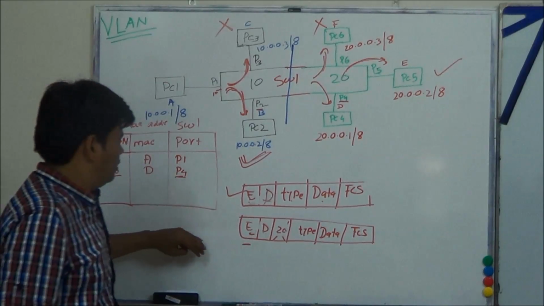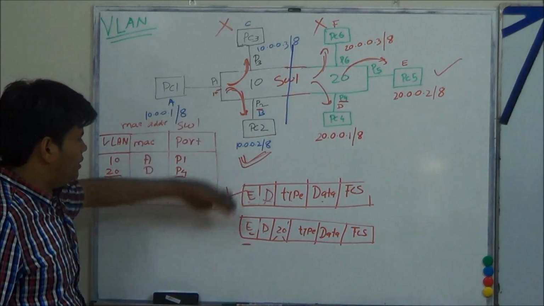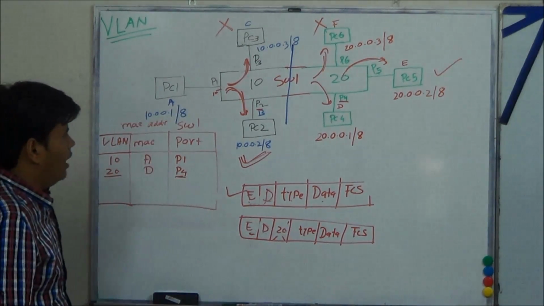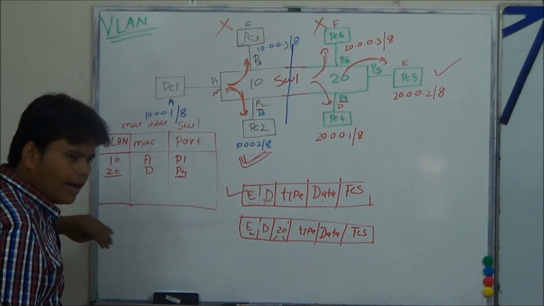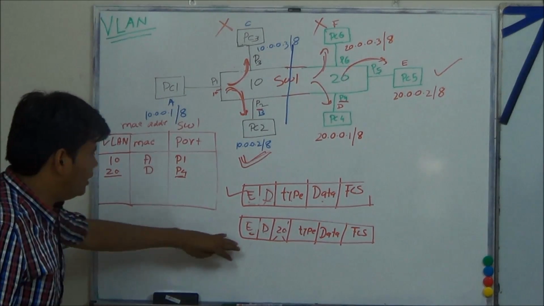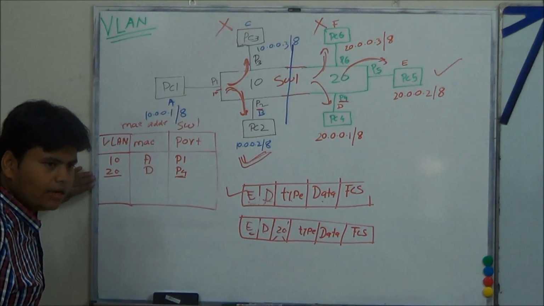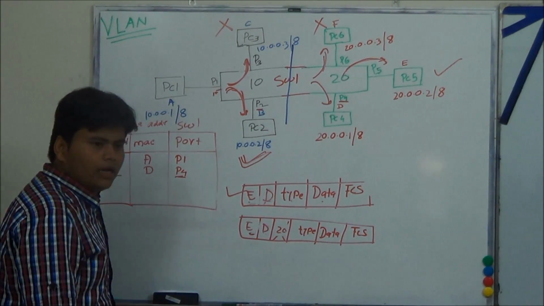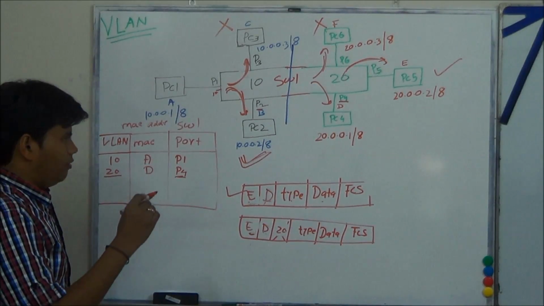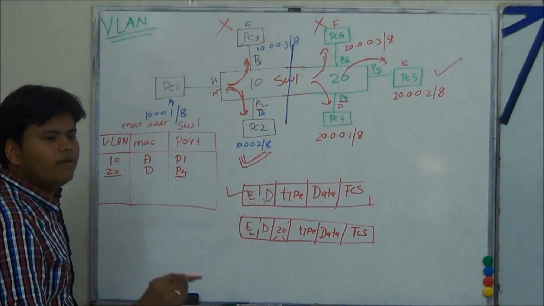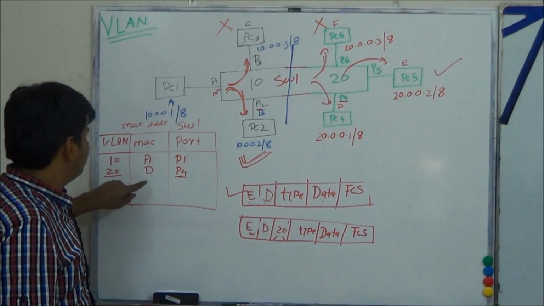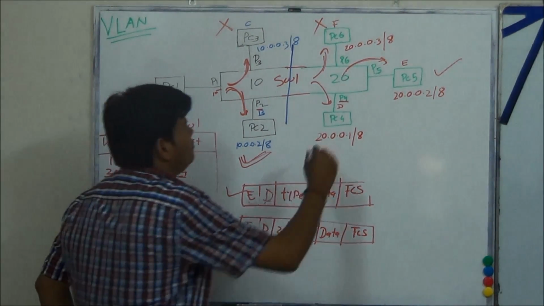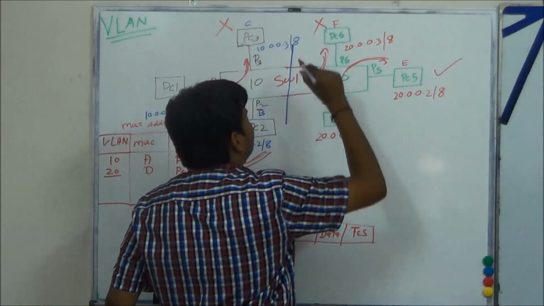In the second step, the switch checks the destination MAC address of the frame, which is E, in its MAC address table. The entry of E is not present, so it will flood the frame, but only to the ports present in VLAN 20, because it learned MAC address D at port P4 in VLAN 20. Flood here and flood here.